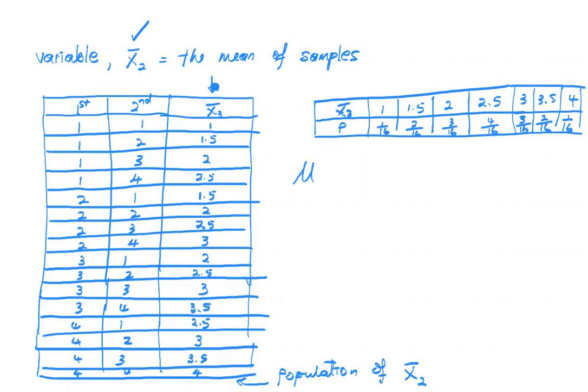So when you talk about population, if I write like that, how am I going to read this? This is the mean of the sample mean population.